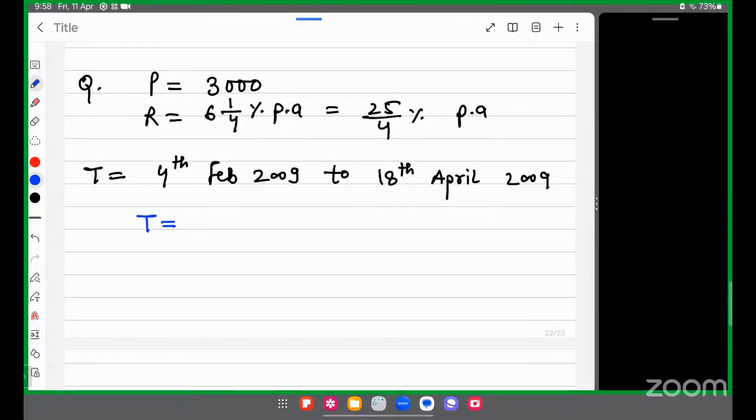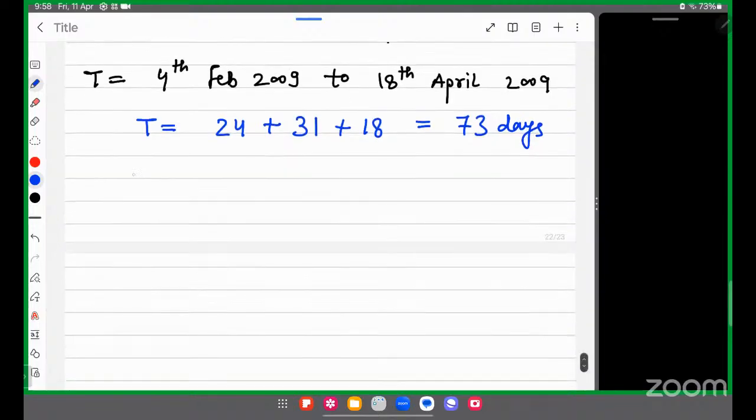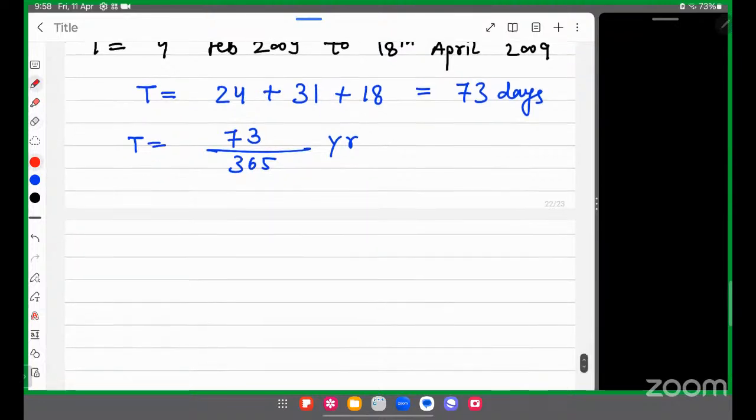So this will be 24 days for February, plus complete March, and complete March will have 31 days, and 18th April means first 18 days of April, so this will be 18. So these are the days, and overall days will be 73. Now we have to convert it into years. So 73 days, 1 year and 365 days, so this will be 73 by 365 years. Am I right?